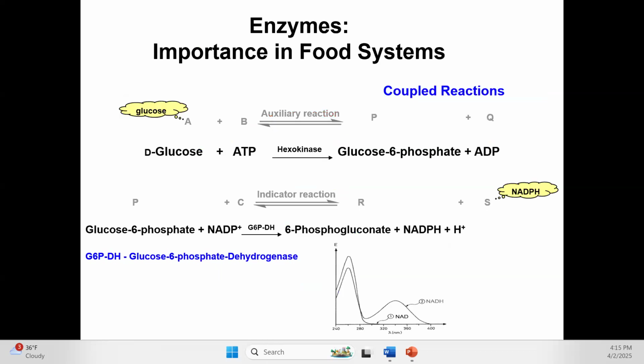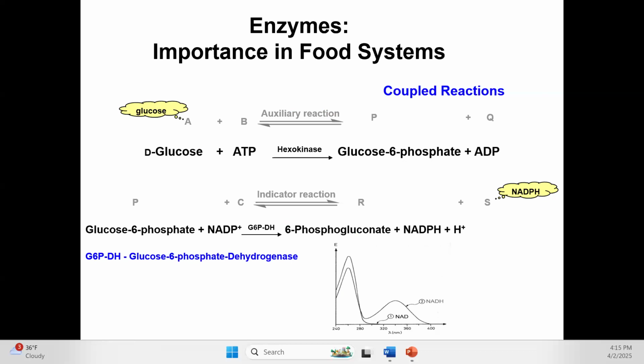All right, there's an example of a coupled reaction. Here you're measuring glucose. This is a little different from what we use in the lab, with two enzymes. Here we have hexokinase for the first reaction, which is a transferase. You take one phosphate group and give it to the glucose, so you get glucose 6-phosphate and ADP.